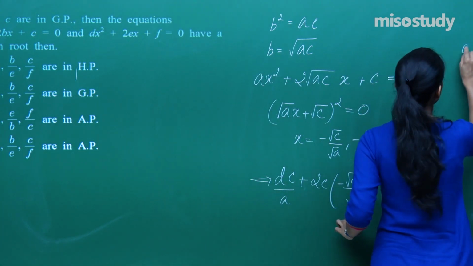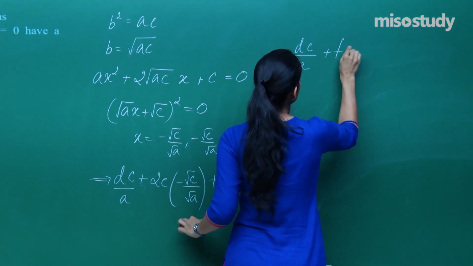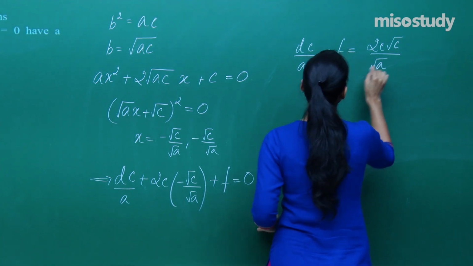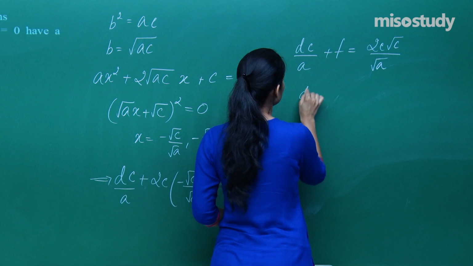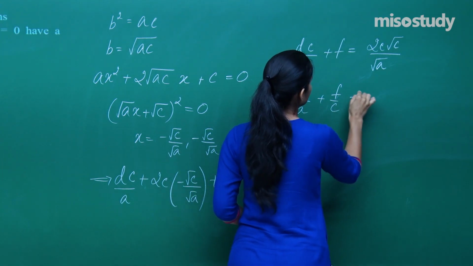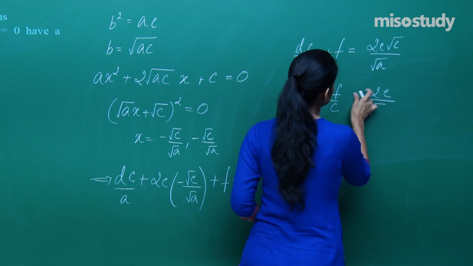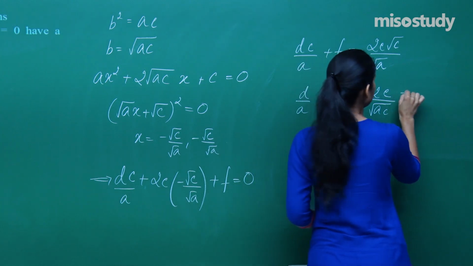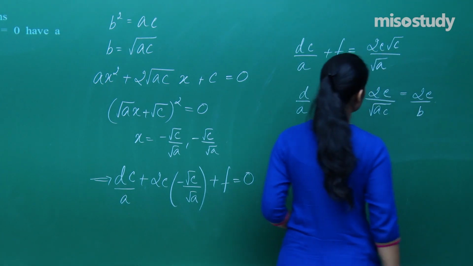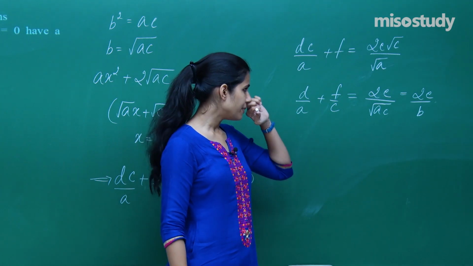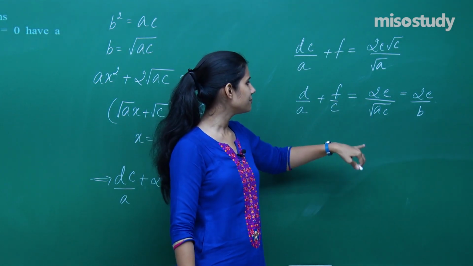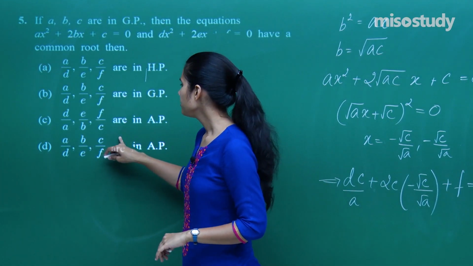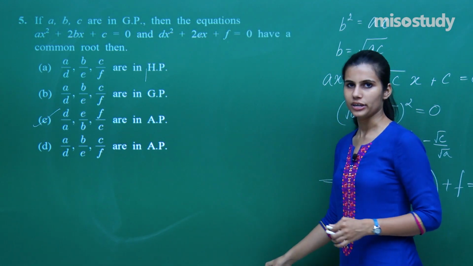Send this to the right hand side, you have dC by A plus f equals 2e root C by root A. Divide throughout by C, you get d by A plus f by C equal to 2e by root AC. But root AC is B, so this becomes 2e by B. So you are getting twice of e by b is d by A plus f by C, which means d by A, e by b and f by C are in arithmetic progression.